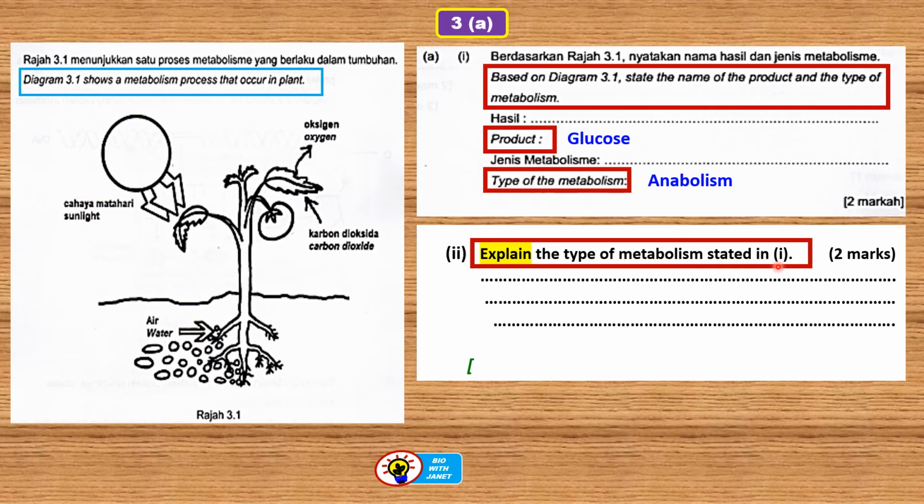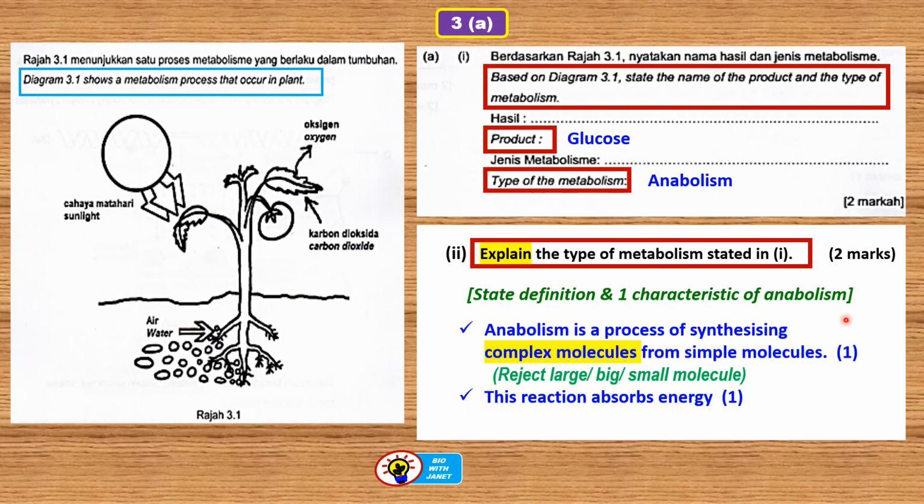Now, number 2, explain the type of metabolism. So these are the keywords: type of metabolism. We've already mentioned it's anabolism, and you're asked to explain. To explain this anabolism, we can give the definition and give its characteristics. So state the definition and one characteristic of anabolism.